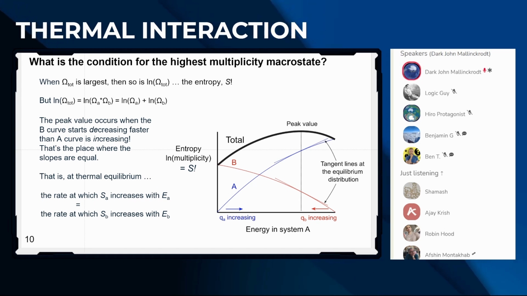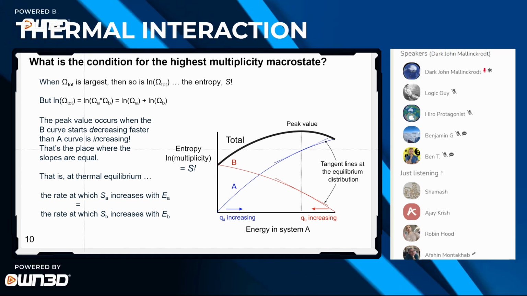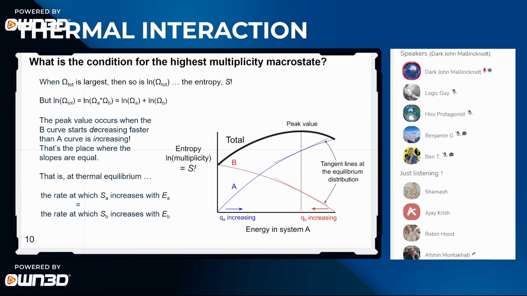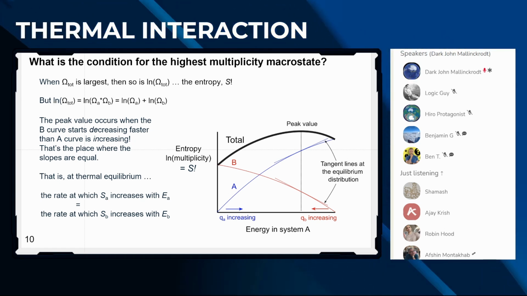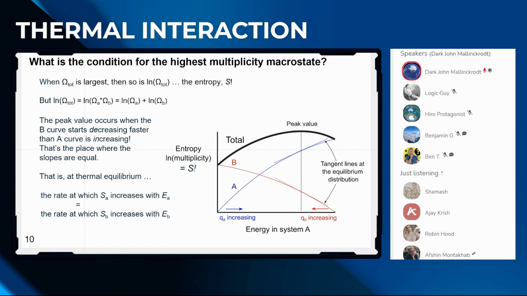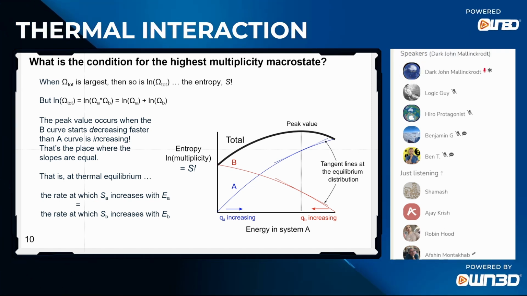I'm talking about the energy in system A. Remember, the total energy is constant, but I can choose to apportion the energy in any way I want between the two. I want to know which one's the most likely. So the blue graph there is the entropy of system A, and I'm plotting it as a function of its own energy.